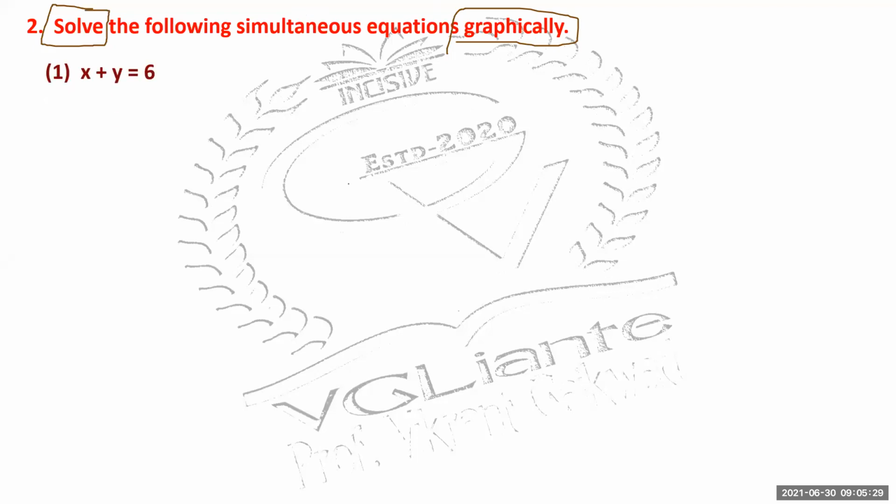The first equation is x plus y equals to 6. Check. x plus y equals to 6. Now for this equation, always remember the first step. You have to prepare the table. Understood?